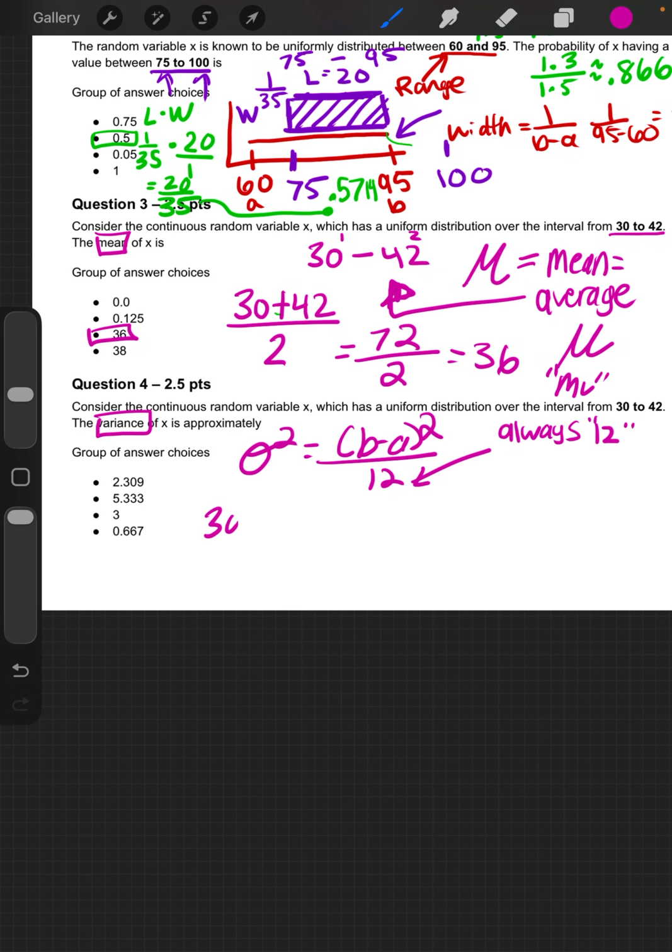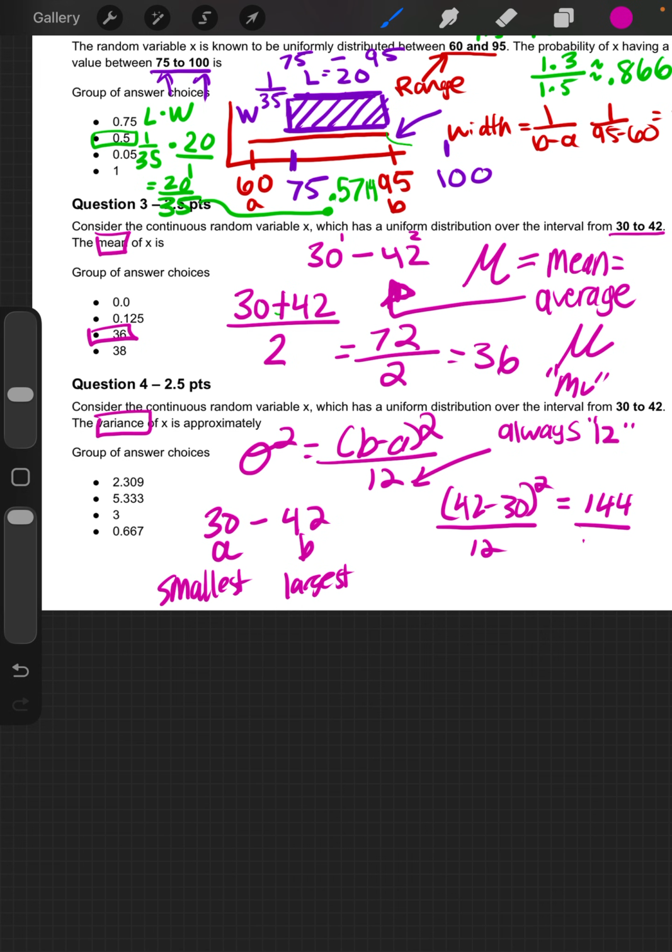So we have 30 to 42. We would find our A and B. A would be the smallest, and B would be the largest. So we have 42 minus 30 squared, which is 12 times 12, 144, and then you're going to divide it by 12. So it's basically going to become 12 again.